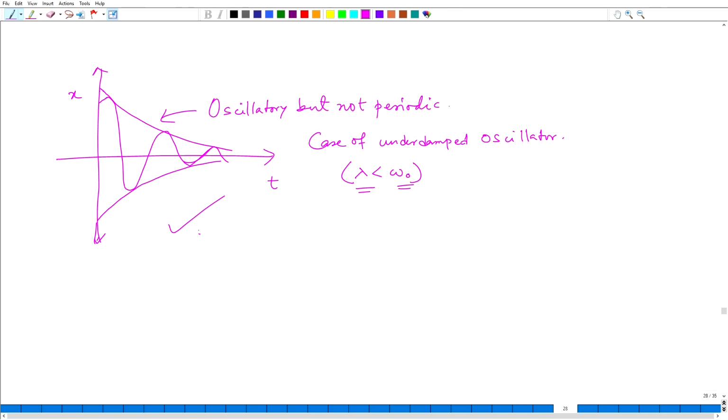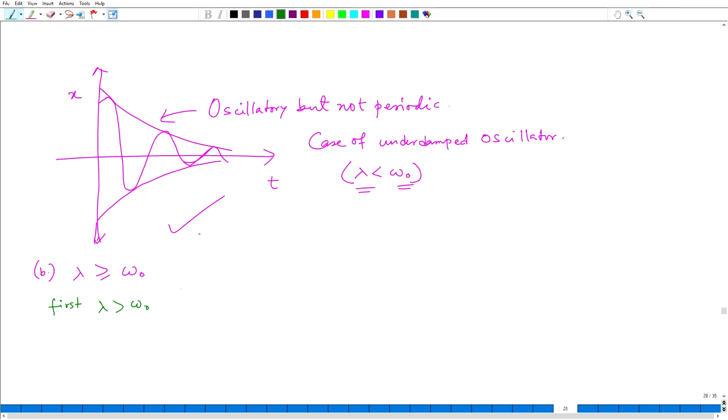What happens when we have lambda greater than or equal to omega 0? I first take the case of lambda greater than omega 0.